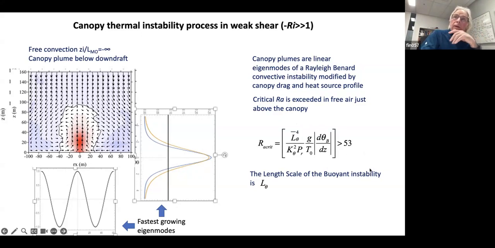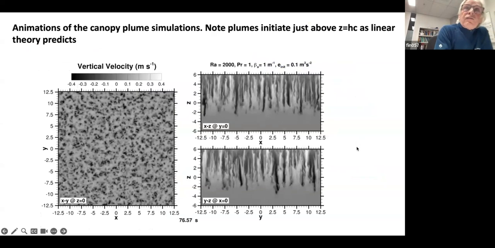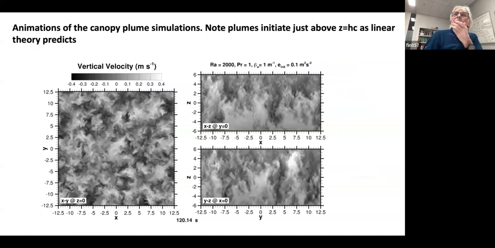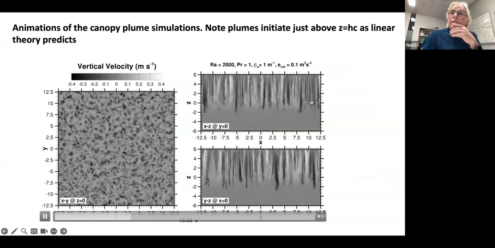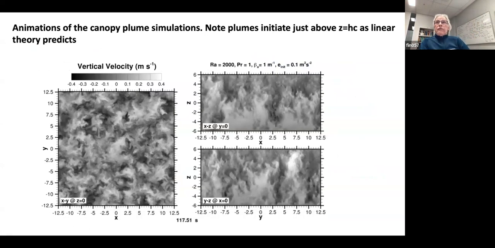Within the canopy, the drag of the canopy is enough to quench the motion. But just above the canopy, where there's no foliage drag, the flow would apparently go unstable. And so we simulated that. So these are animations of the canopy plumes, simulations. You can see that the plumes initiate just above the canopy and then penetrate down into it, just as the linear theory predicts.